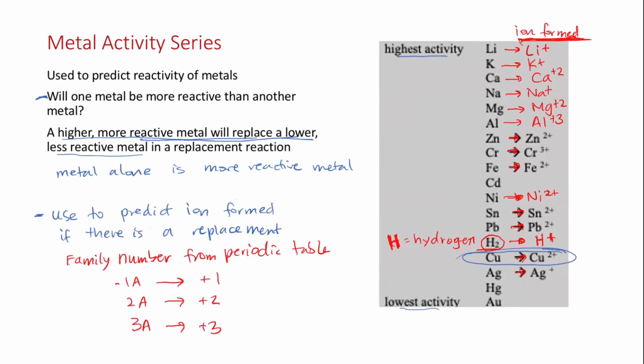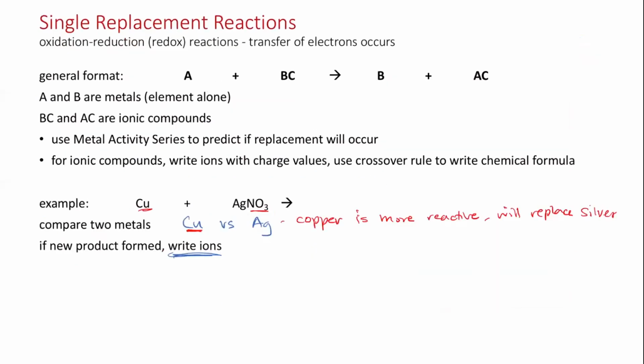So copper forms the +2 ion. And so this is the copper +2 ion, and it will bond with the ion NO3 minus. That's the nitrate ion.